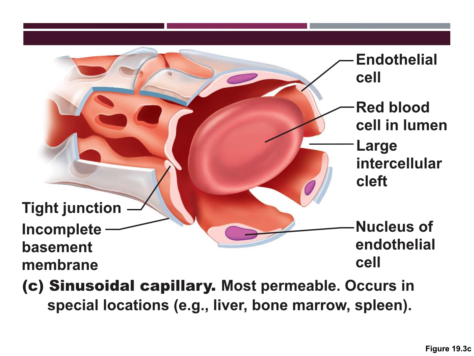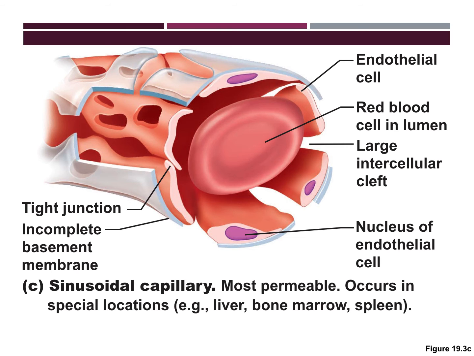So lastly, our sinusoid capillary. This is where we're going to have the highest amount of permeability. And so in the bone marrow, the spleen is a lymphatic organ, so we're going to want to make sure cells are moving through there, and also in the liver, because that's where we're going to process old red blood cells. So we're going to need those to come out of the blood so that they can be processed, pieces reused and recycled.